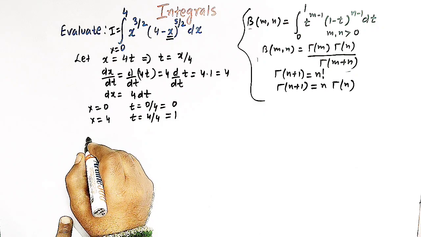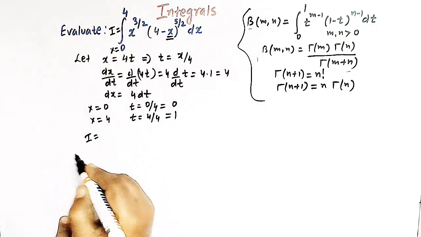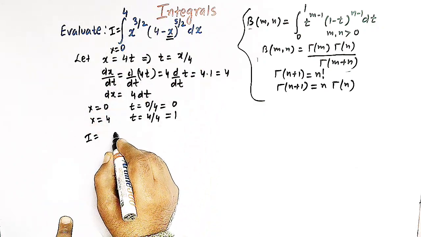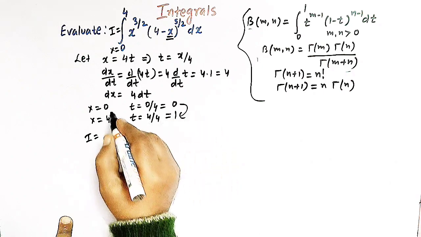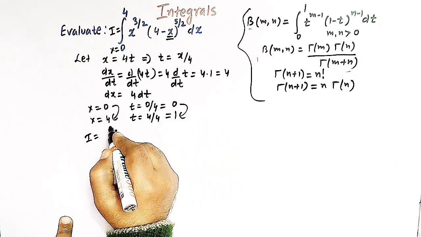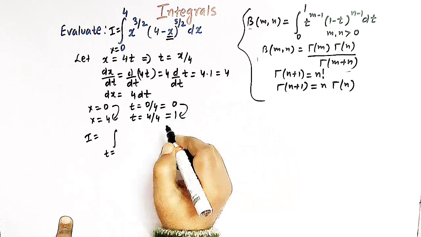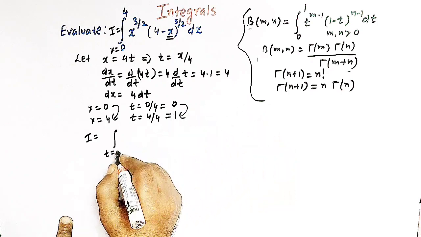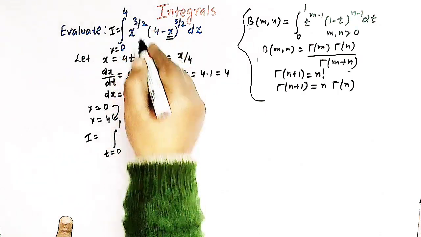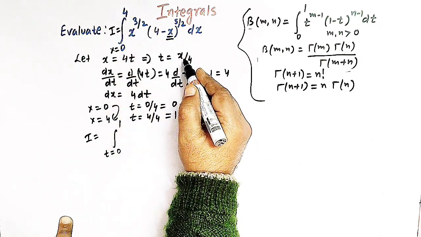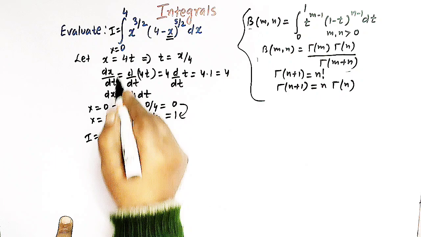So now let us write this integral I in terms of t. So we can now write the limits from 0 to 1, because when x changes from 0 to 4, t goes from 0 to 1. So we have here 0, here we have 1, and x raised to 3 by 2. So x is given by 4 times t.